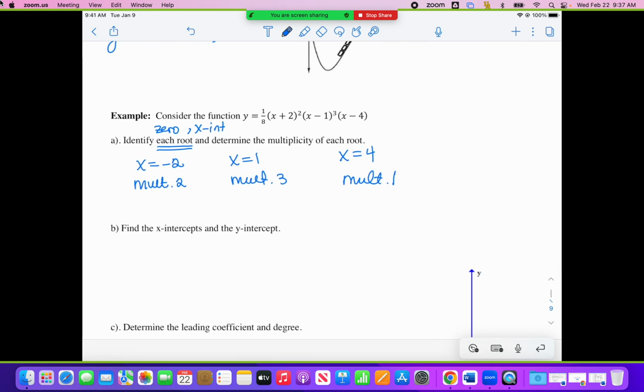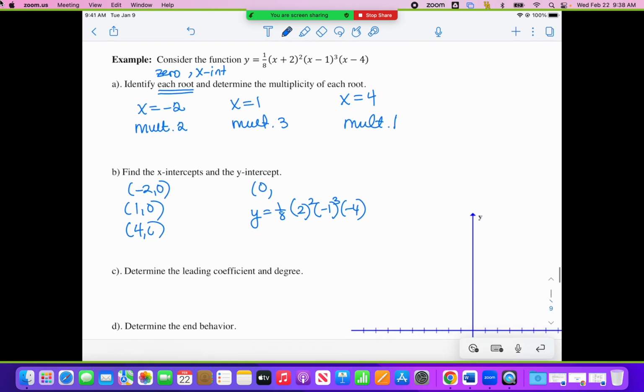So your x-intercepts are (-2, 0), (1, 0), (4, 0). The y-intercept, this one is a little bit harder.